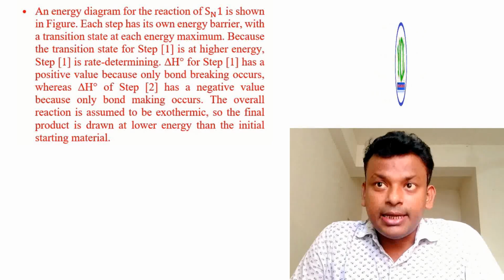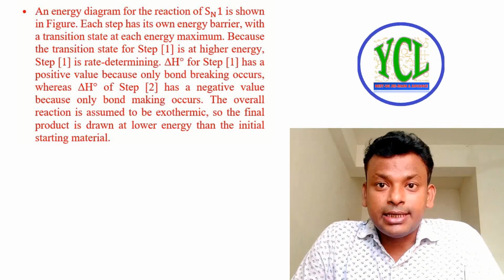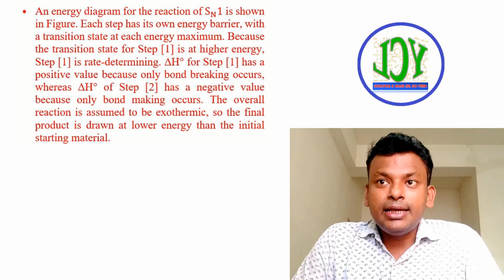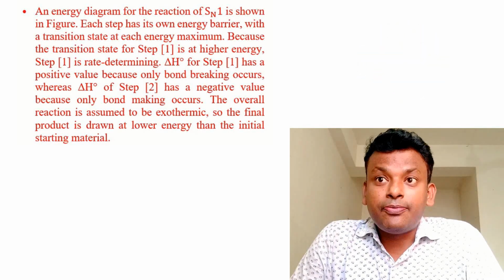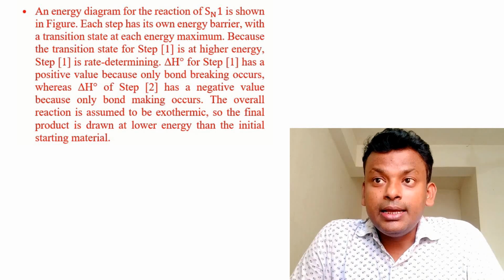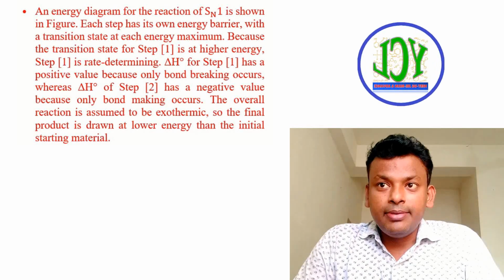Each step has its own energy barrier with a transition state at each energy maximum. Because the transition state for step 1 is at higher energy, step 1 is the rate determining step.